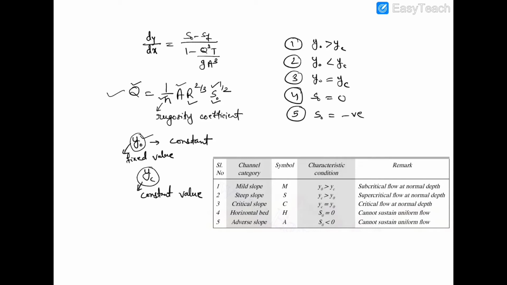That's why uniform flow is not possible in this case. Means the depth of flow will not remain constant along the length of the channel. In a similar way, for adverse slope, S naught is less than 0, and here also the gravitational force will not be active, and it will act in the opposite direction. That's why here also uniform flow is not possible.